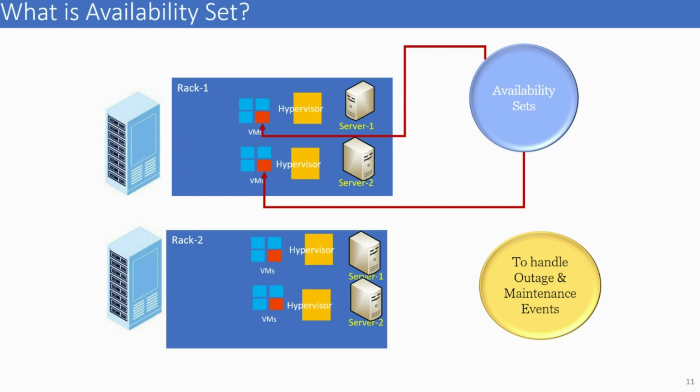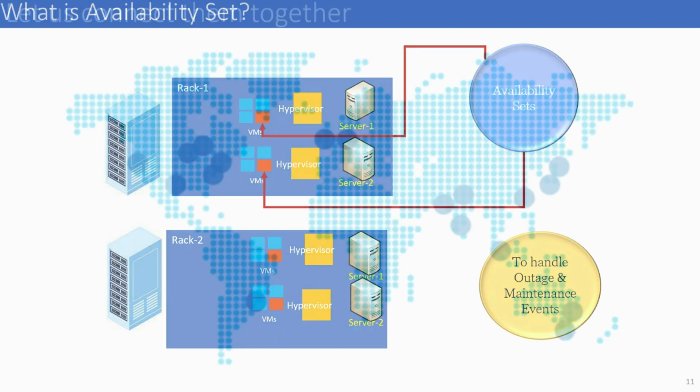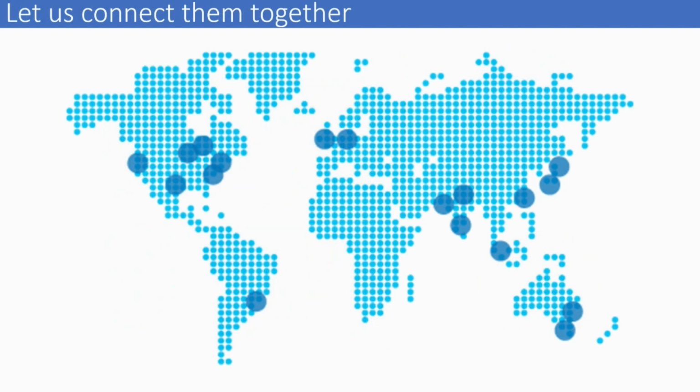Now we have seen many things like data center, region, region pair, and now availability set. Now let us connect them together. If you see here, this is the world map containing a set of regions across the globe. Let us pick a region, India. Here in India, there are multiple data centers.